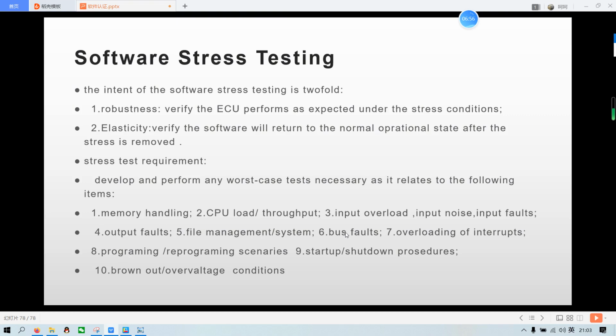What is software stress testing? Software stress testing is the activity where the software is subjected to the worst-case loads and conditions to exploit the weakness and vulnerabilities in the design.